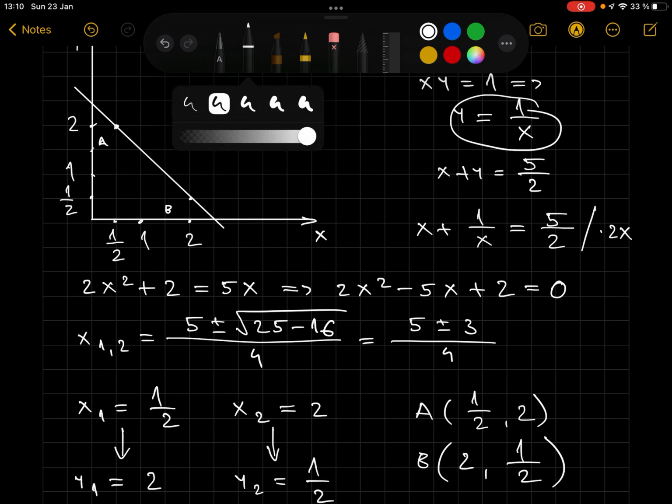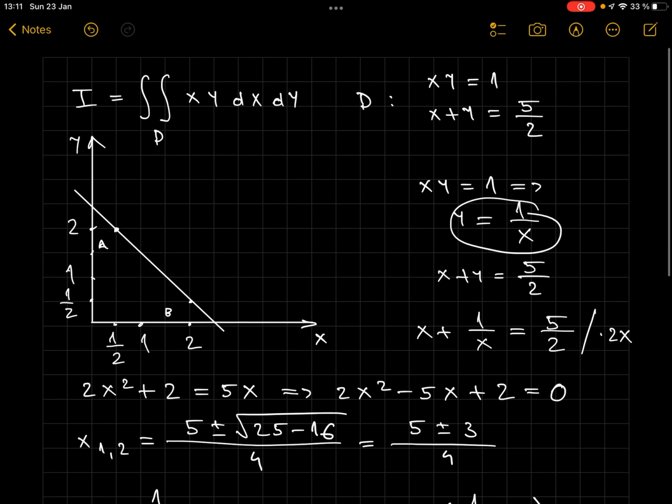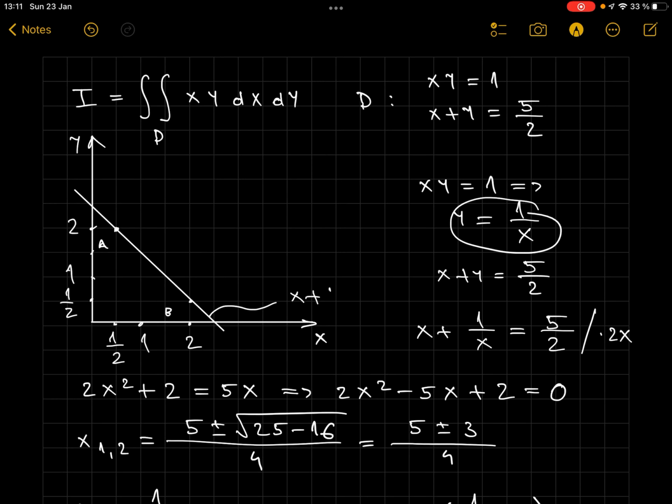This is also our line x plus y equals 5/2.